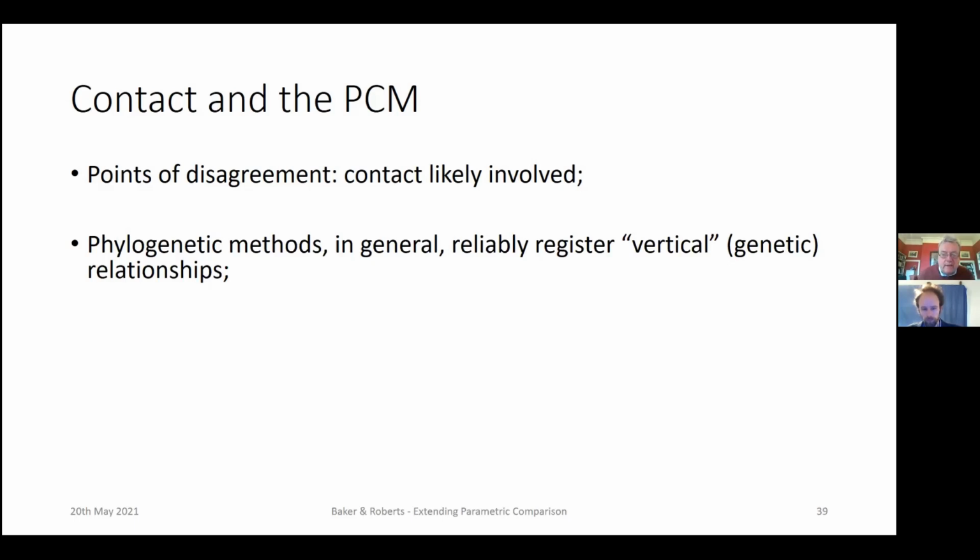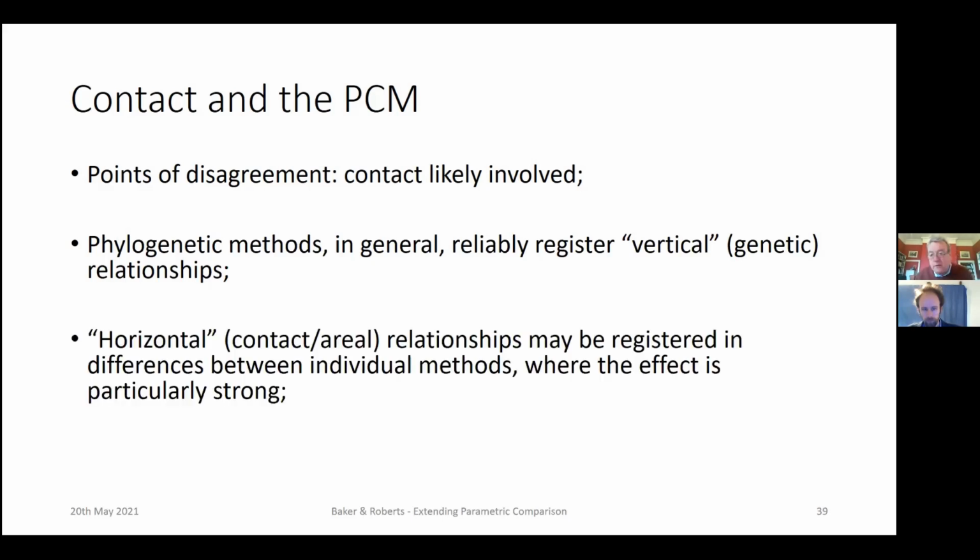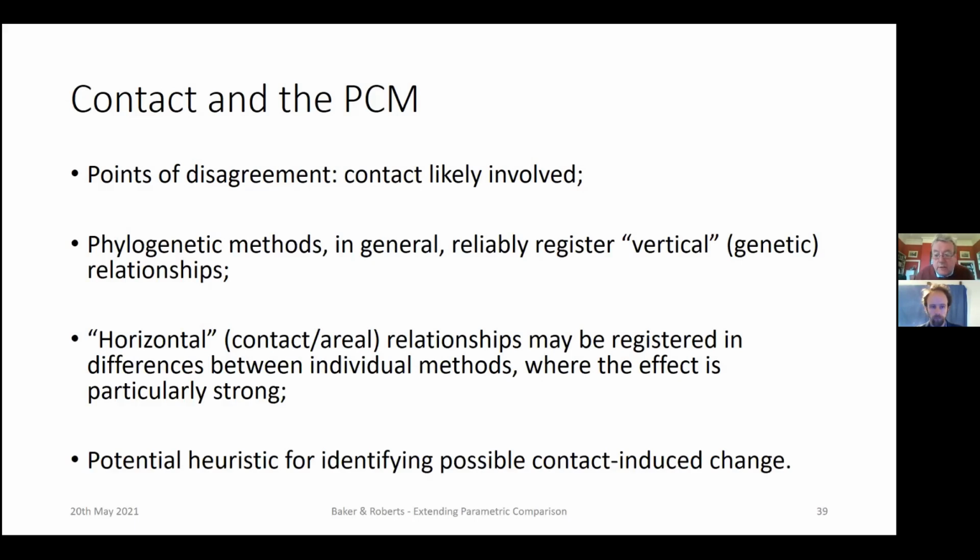We see the Romance languages, we see the very close connection between Serbo-Croatian and Slovenian, between German and Dutch, for example. And it seems that horizontal contact or areal relationships are coming out when the different methods give us different results. So that in itself could give us a kind of heuristic for distinguishing contact-induced change from straight genetic relationships.